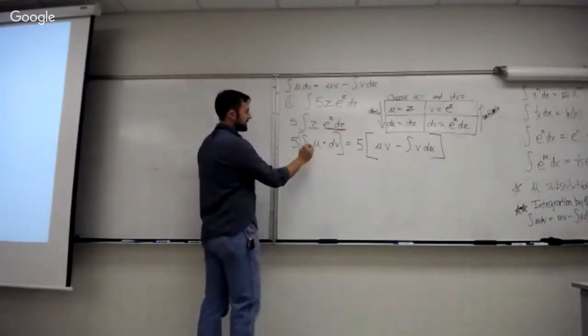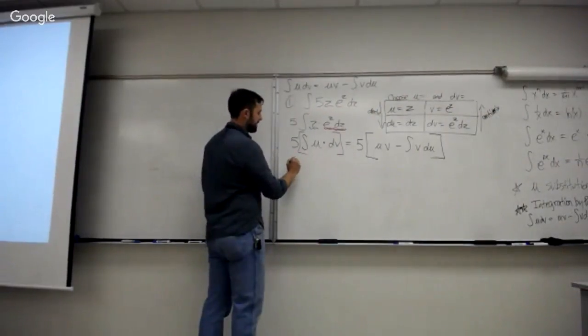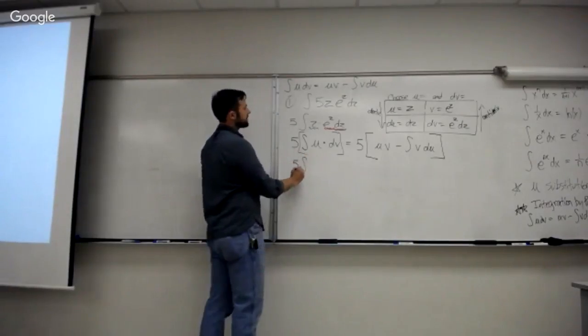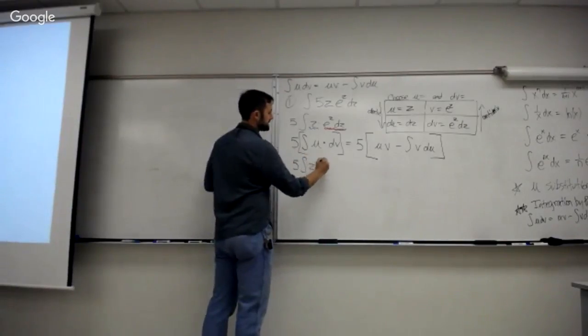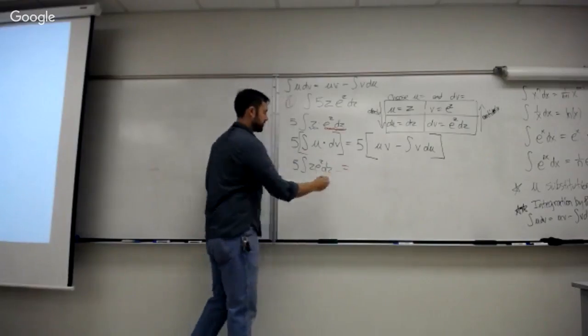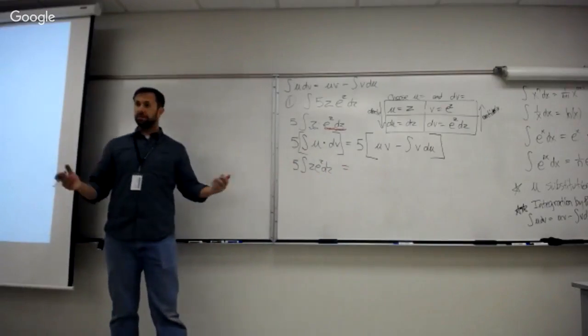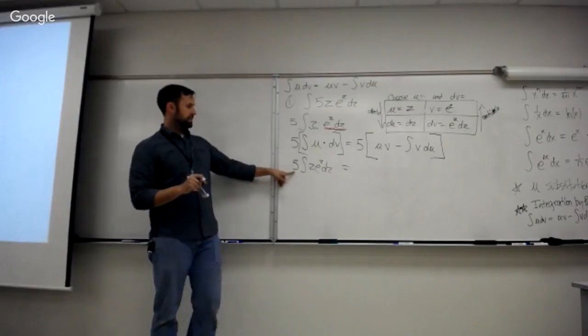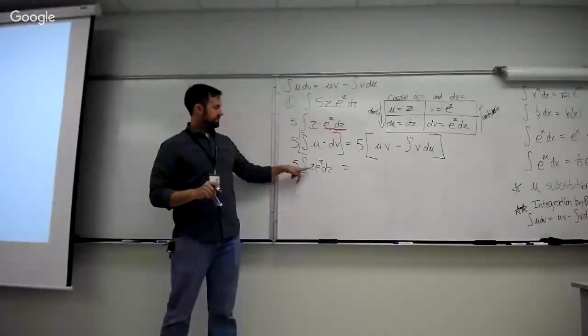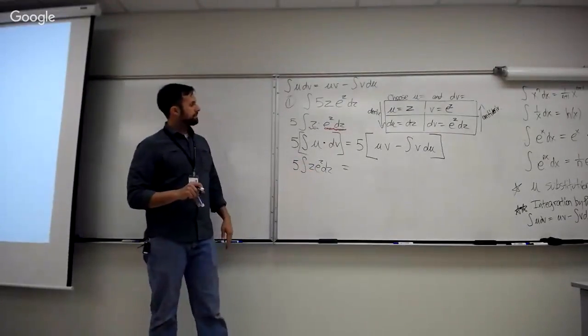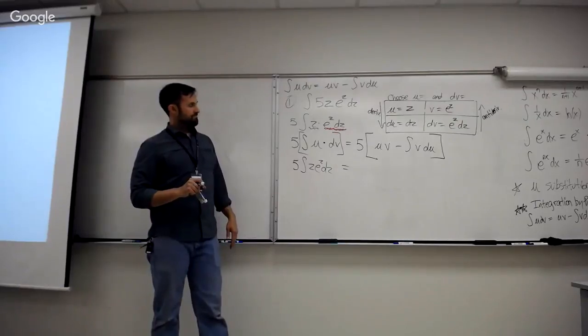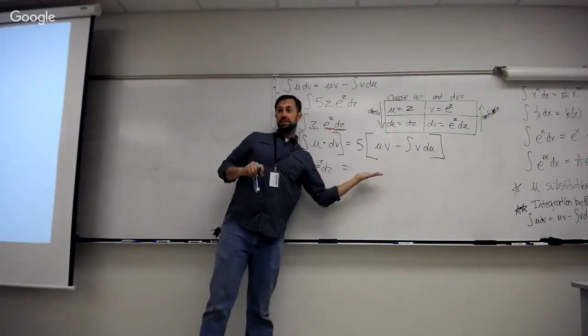What we now know is that we have 5 times the integral of z e to the z dz, which is the integral we wanted to solve in the first place. And so we now have a formula to tell us what it is.